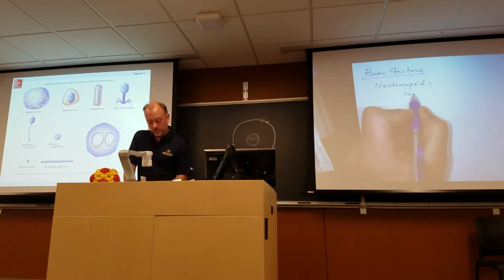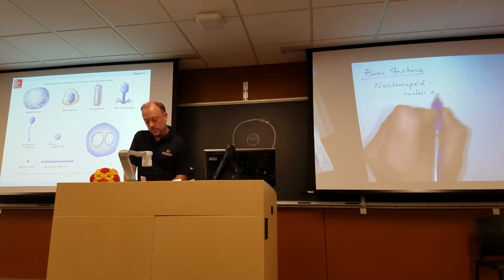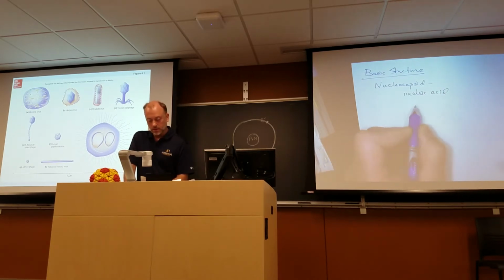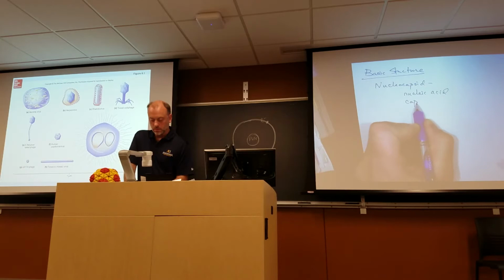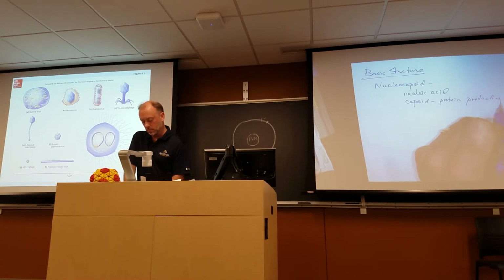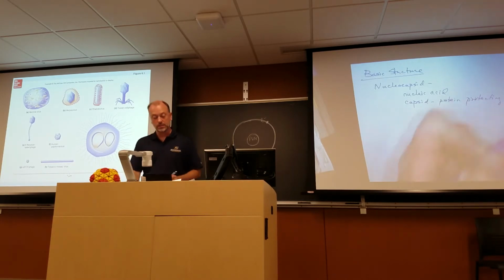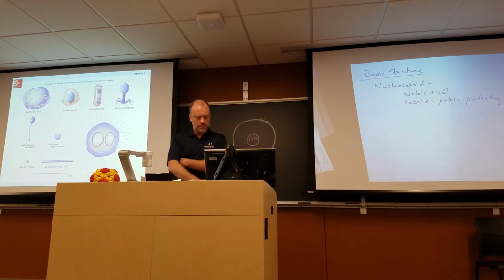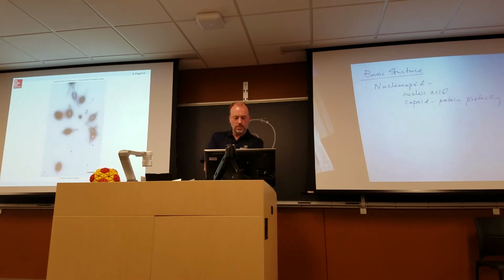But in the most basic form, they have nucleic acid, whatever theirs happens to be, and the capsid. The capsid is the protein that protects the nucleic acid. I'm going to abbreviate nucleic acid NA right here. So they come in a few different shapes and forms.